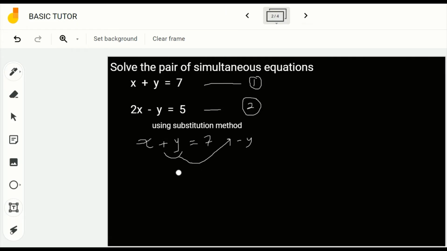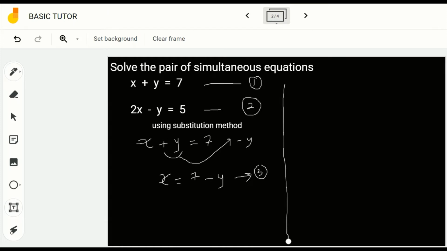So therefore I have x is equal to 7 minus y. So here is my equation 3. So the first step, we make one of the variables the subject of the equation.